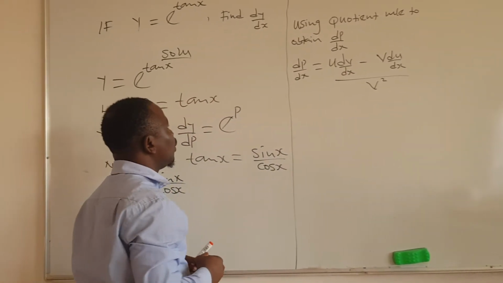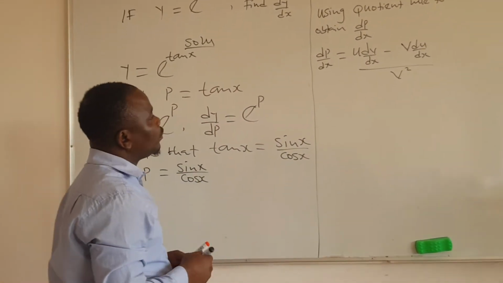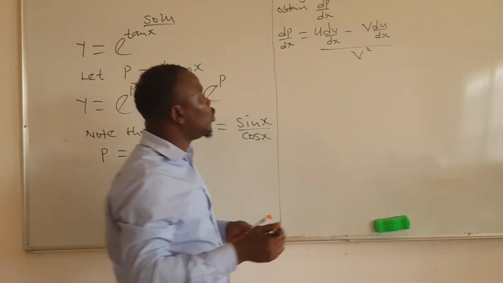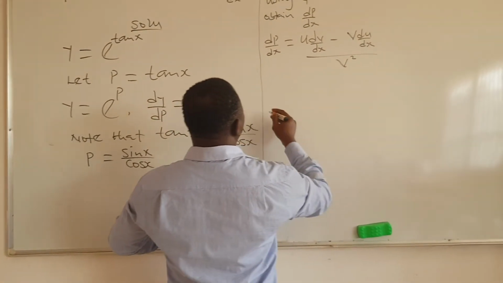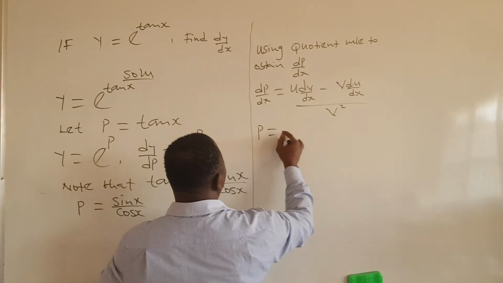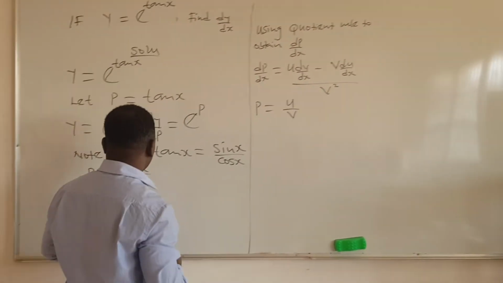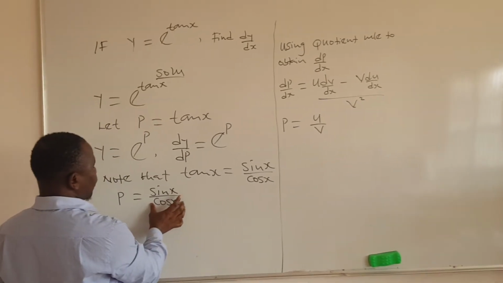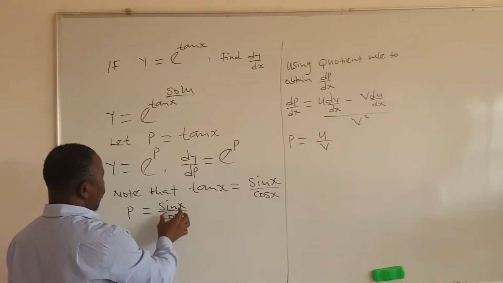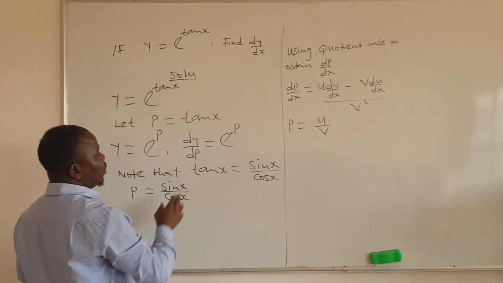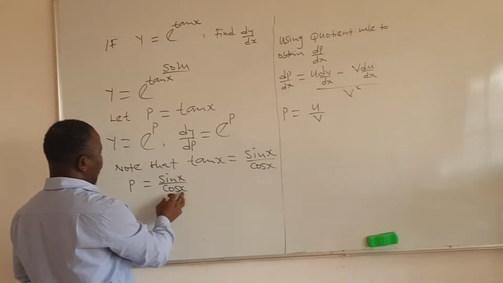Are you following? Okay. So now our quotient rule is just like our P is equal to u over v. So compare it with this. Without anyone telling you, you know your u and you know your v.